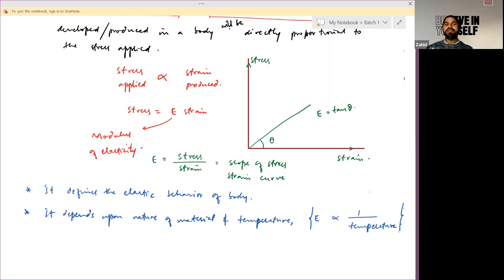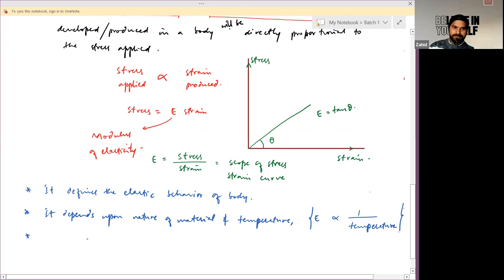So modulus of elasticity is inversely proportional to temperature. Next, it is independent of the dimension of the body. Whether you increase or deform the dimension, the modulus of elasticity will remain the same.